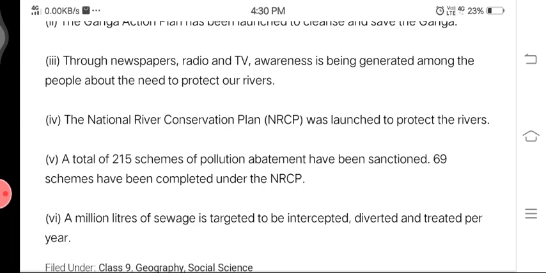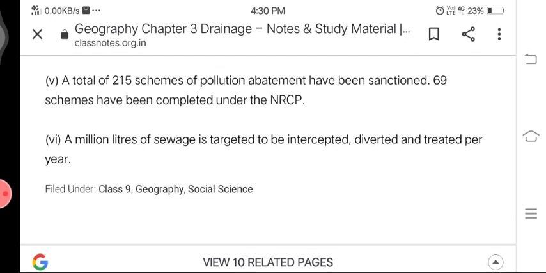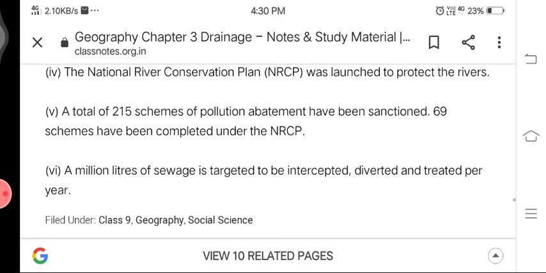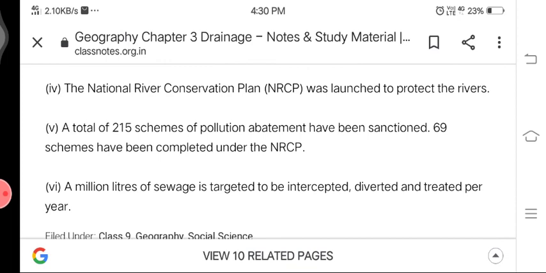Out of them, 69 schemes have been completed under the NRCP. Million litres of sewage are targeted to be intercepted, diverted and treated per year.